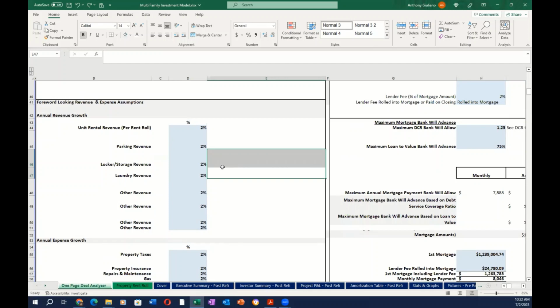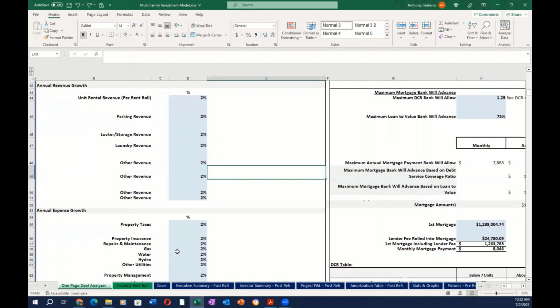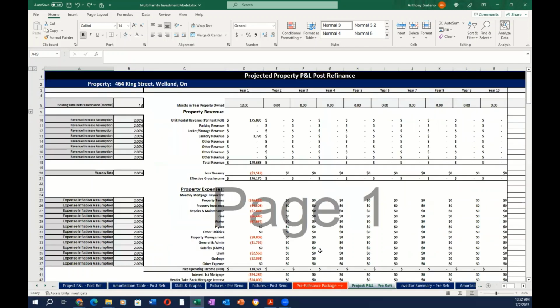Entering in these assumptions will help create what I have called your pre-refinance P&L, and it'll basically show the growth under the assumption that you're just buying the property and naturally holding it over a long period of time. It's basically a turnkey property if you're going to be using this section.